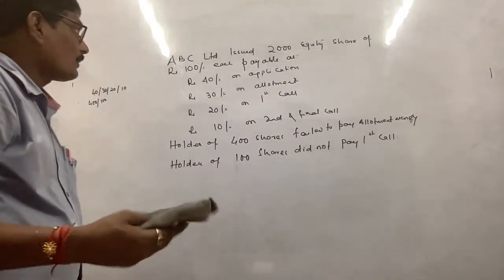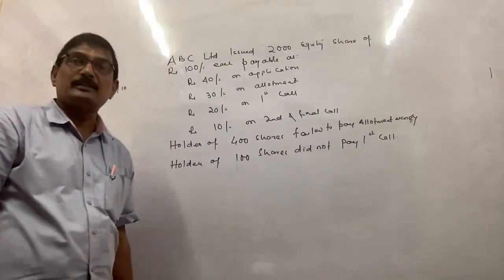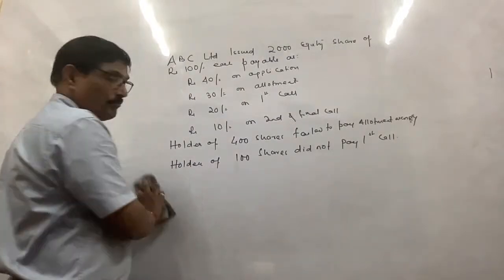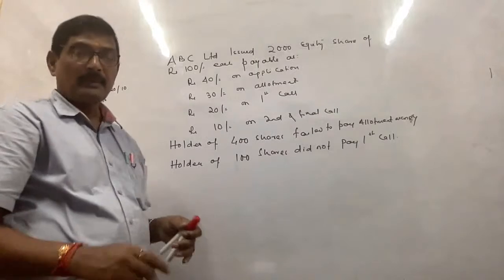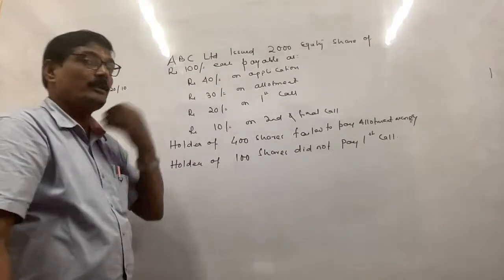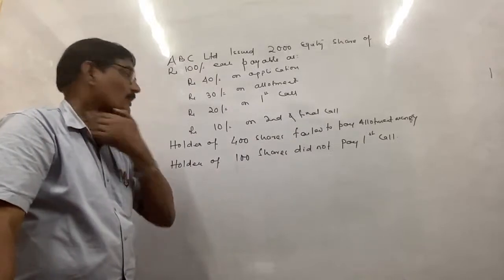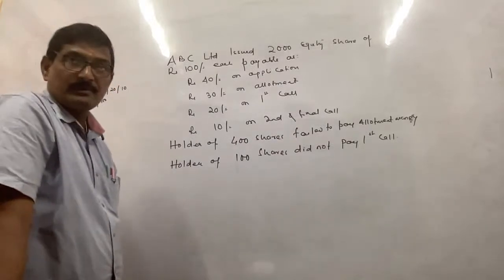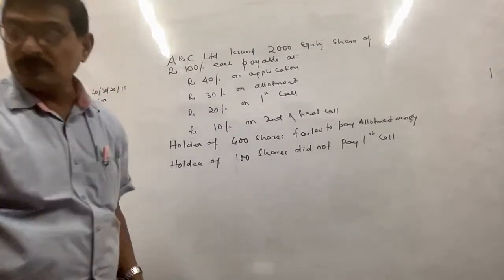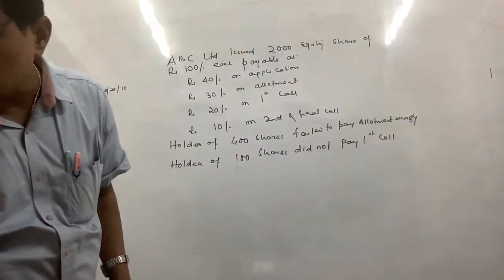Now, first of all, for application money received, the entry will be bank account debited to share application, 2000 into 40, that is 80,000 rupees.